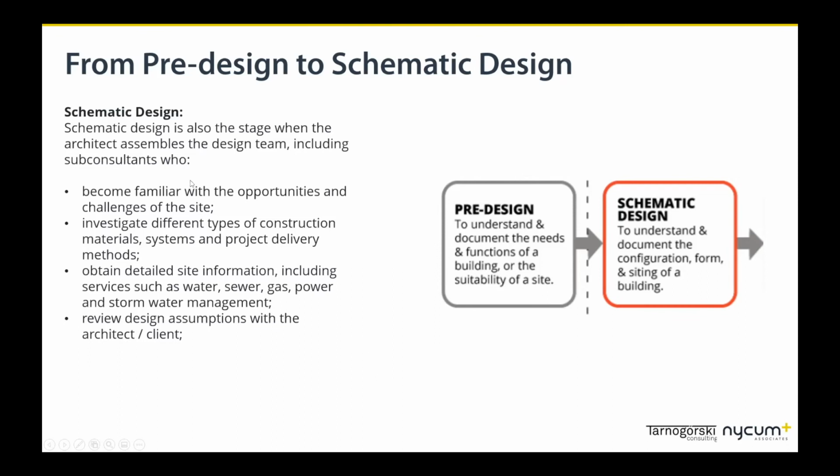So, other things, as I briefly mentioned, the design team may be included at this point. You may hire on a project manager or a construction manager for different types of project procurement. And those individuals may say, for this type of project, you really need a landscape architect, or you really need a civil engineer.